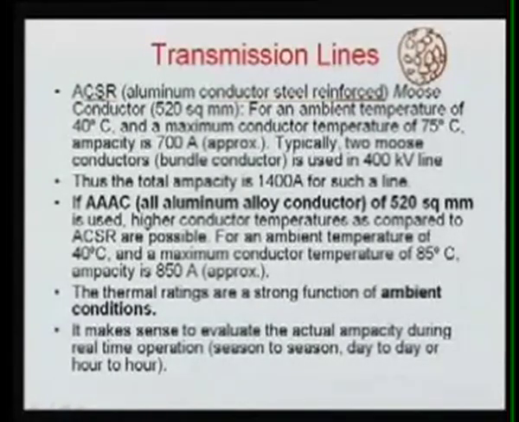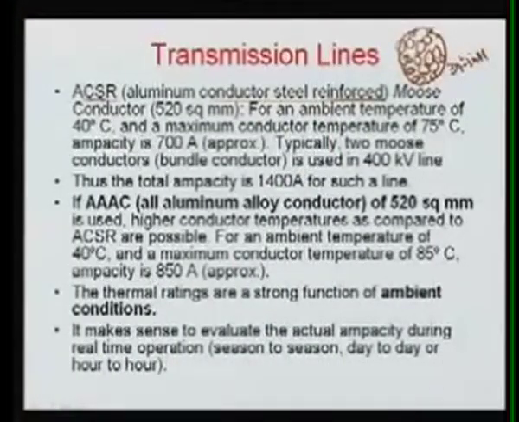Here the conductors are all touching, and the number of conductors in any particular layer is given by n square minus 3n plus 1. If n is equal to 1, it is only one conductor, the central conductor. If you go for two layers, then 7 conductors will be around that.